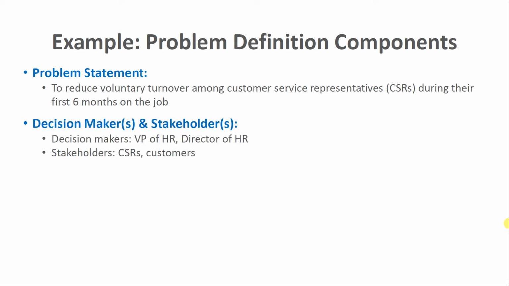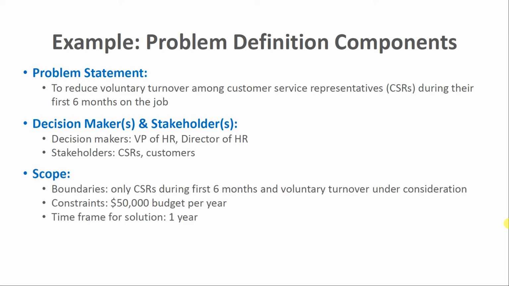Now, in terms of decision makers and stakeholders, let's imagine in this scenario that the decision makers are the VP of Human Resources as well as the Director of Human Resources, and the stakeholders of interest here are the CSRs themselves, the customer service representatives themselves, as well as customers of that organization.